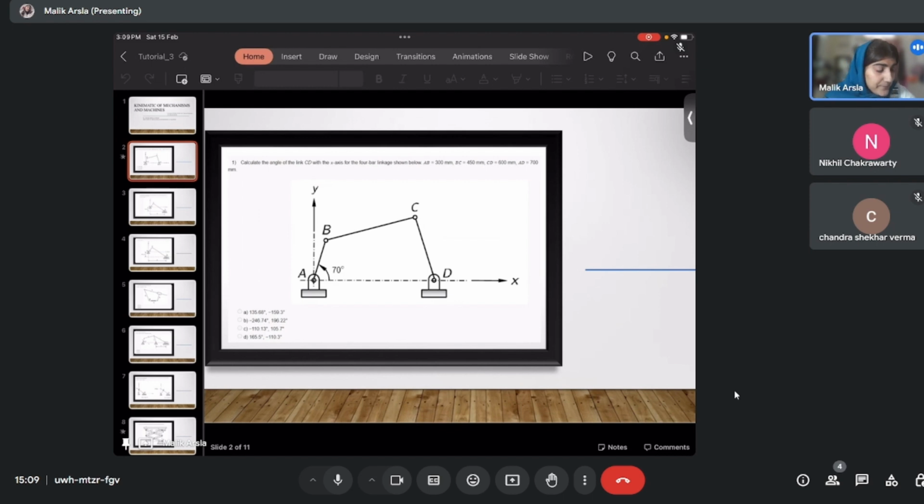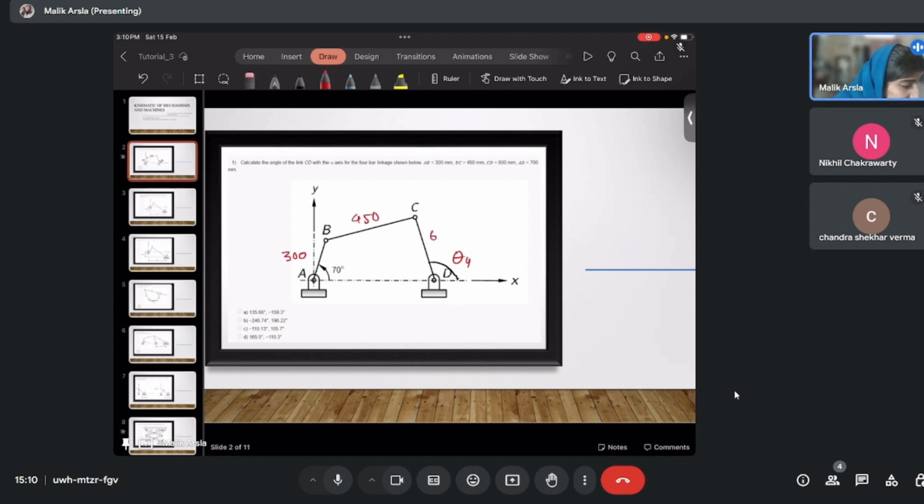So you can clearly see this is a 4R mechanism, and this angle, let me change the pen, is theta 4, or theta output, whatever you like to call it. So AB is 300 mm, BC is 450 mm, CD is 600 mm and AD is 700 mm.